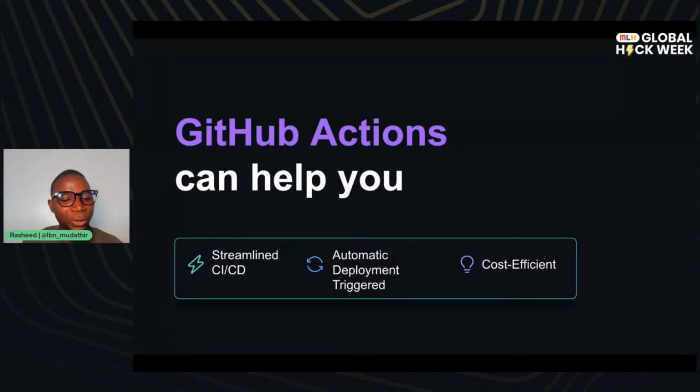Another one is automatic deployment trigger. If you set up your deployment action, or job, let me call it job, that's the right word to use, GitHub Actions will help you to trigger it automatically. What you need to do is tell the job which event to listen to.